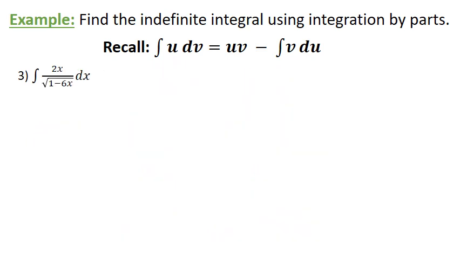So let's look at an example that is a little bit more complicated than some that we've already seen. So here we have the integral of 2x divided by the square root of 1 minus 6x. So let's just rewrite this so that it's a product rather than a quotient.